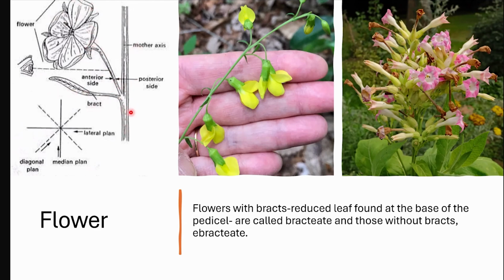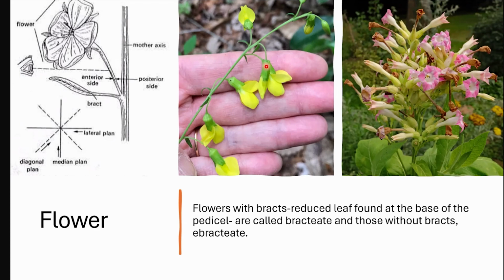At the base of the pedicel, a small leaf is present. It is not a leaf per se, but it is a small leaf at the origin of the flower from the stem. This small or reduced leaf is known as a bract. So in this case, you can see such small leaves are present. In this plant, a bract is there, and in this plant, such small leaves are not present where the flower is arising. So it is ebracteate, lacking a bract.